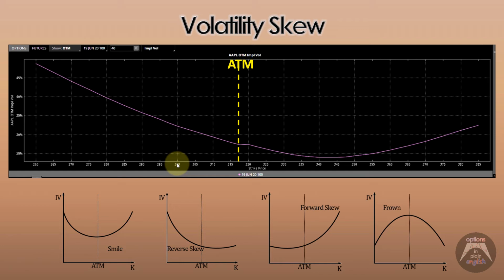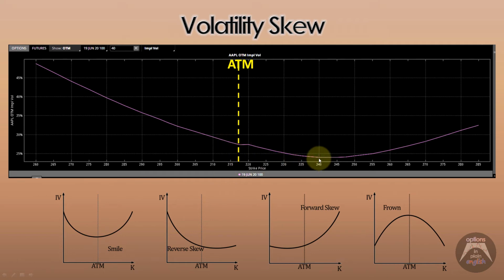Because of this, there's always demand for protection, and puts, out of the money puts in this case, offer that protection. That's why the puts are elevated in price, and that's why they show an implied volatility that's higher than the at the money or the higher strike prices.